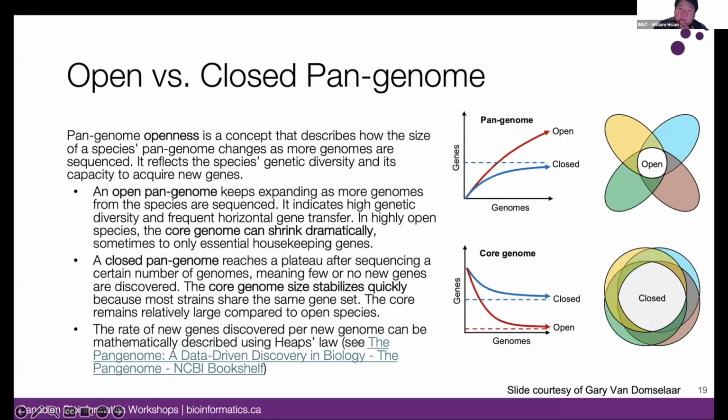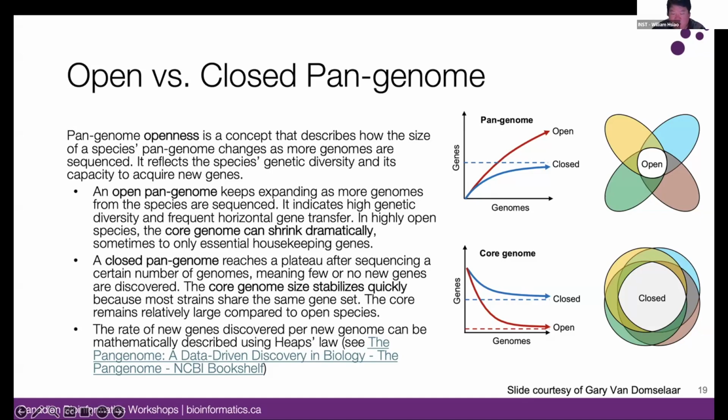So this led to the idea that a pangenome can be open or closed. So pangenome openness is a concept that describes how the size of the species pangenome changes as more genomes are sequenced. It reflects the species' genetic diversity and its capacity to acquire new genes, right?